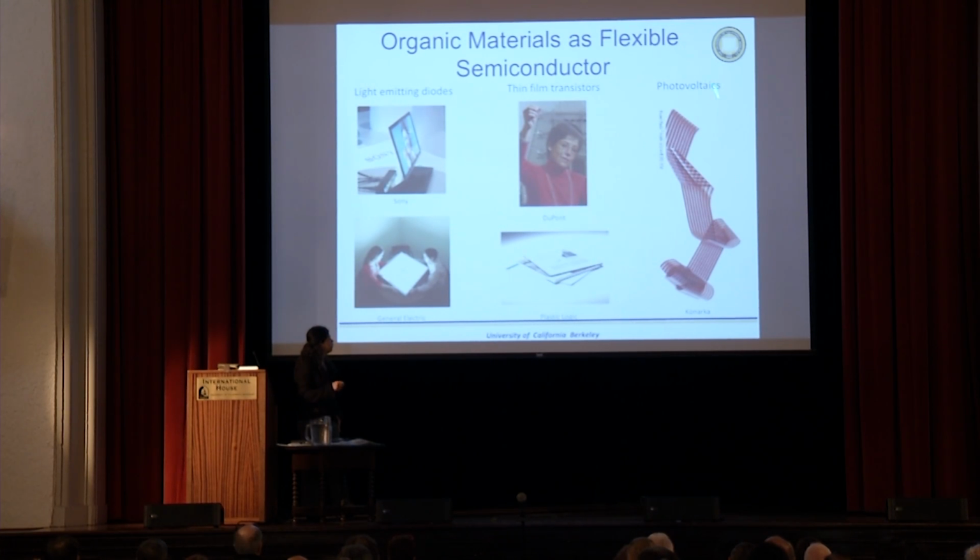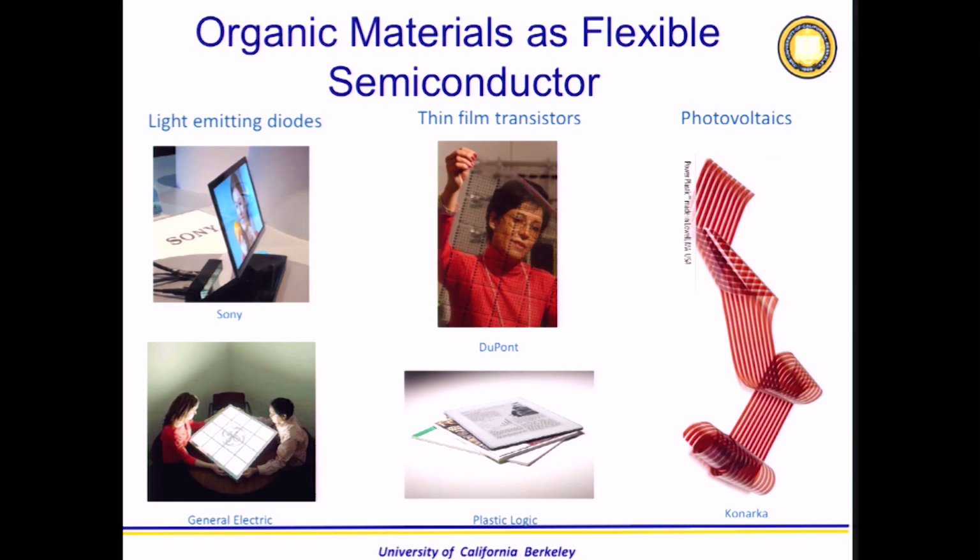And of course, photovoltaics, as I said, they absorb light, so you can also make photovoltaics. And you can see here that you can produce really large sheets of devices with different functionalities.